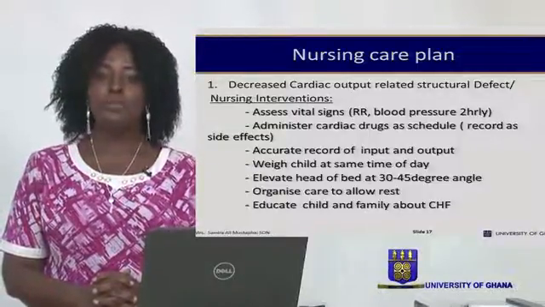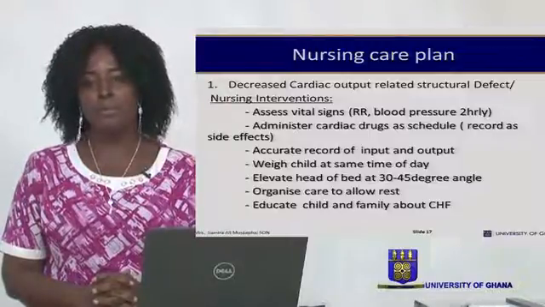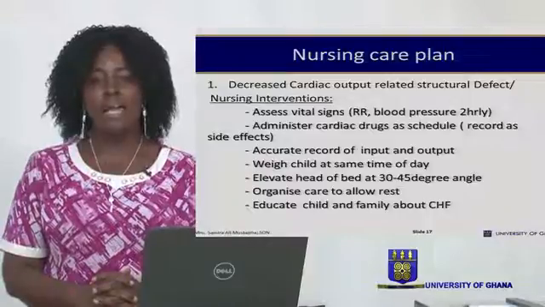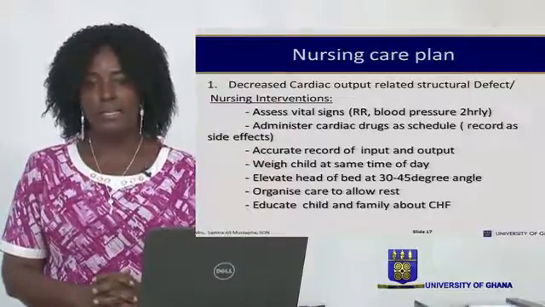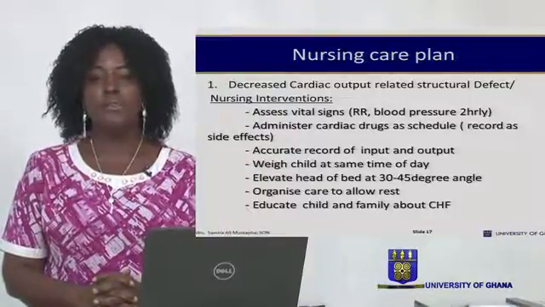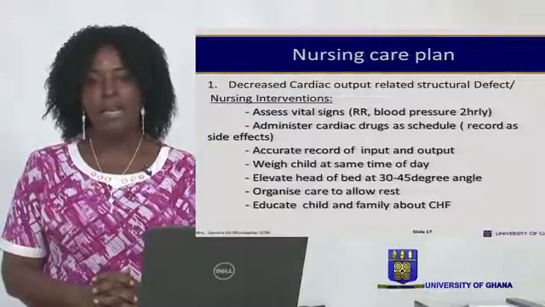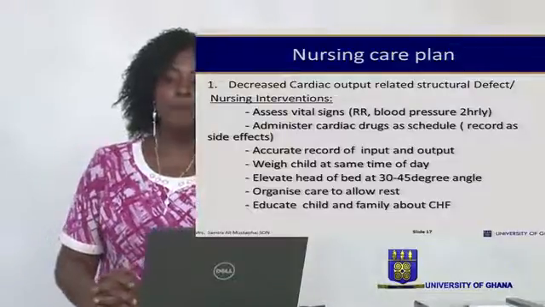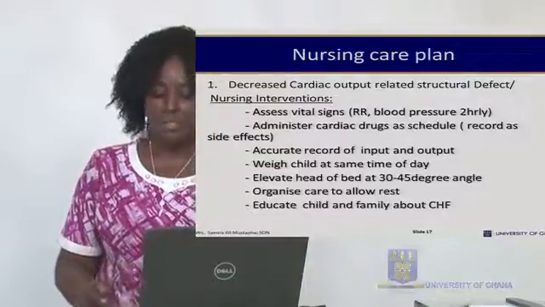And then accurate record of input and output, weigh the child at the same time, elevate the head to help with the breathing. So the elevation should be between 30 to 45 degrees, and organize your care to allow rest and educate family on child's condition.